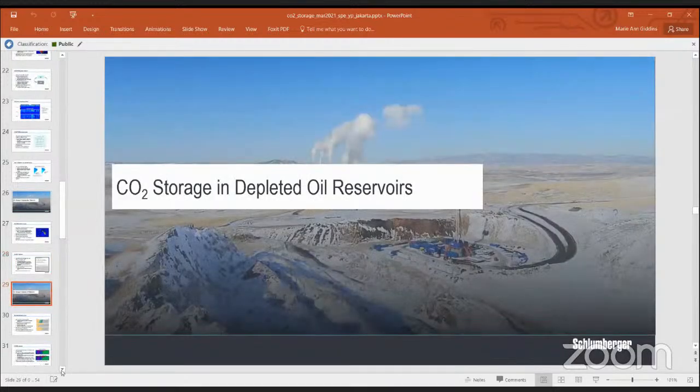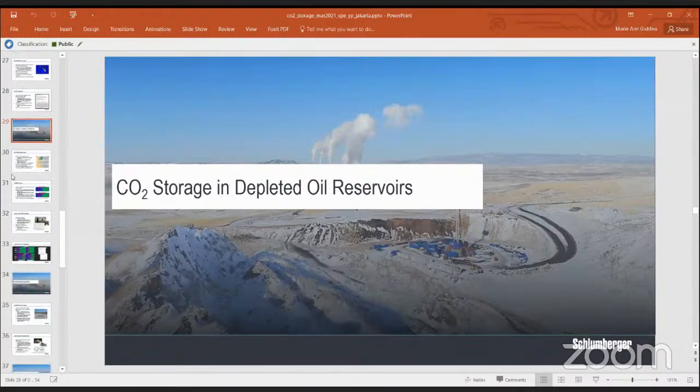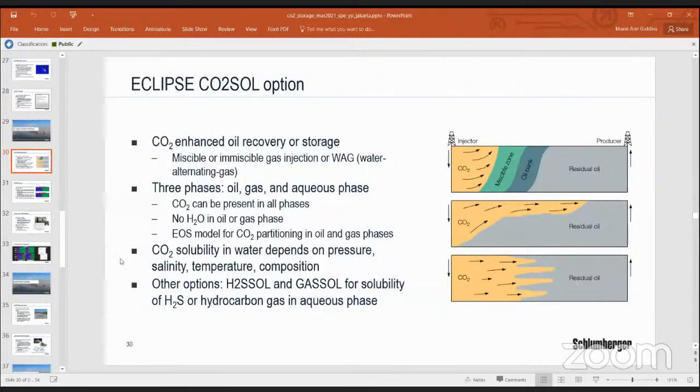Then the third option I'll describe is CO2 storage in depleted oil reservoirs. So for this we have the CO2SOL option. It can be used for enhanced oil recovery as well as for CO2 storage studies. So you can use it when you're working with miscible or immiscible gas injection or for WAG processes for enhanced oil recovery. You can handle three phases here, so oil, gas and an aqueous phase, where CO2 can be present in all of those phases.